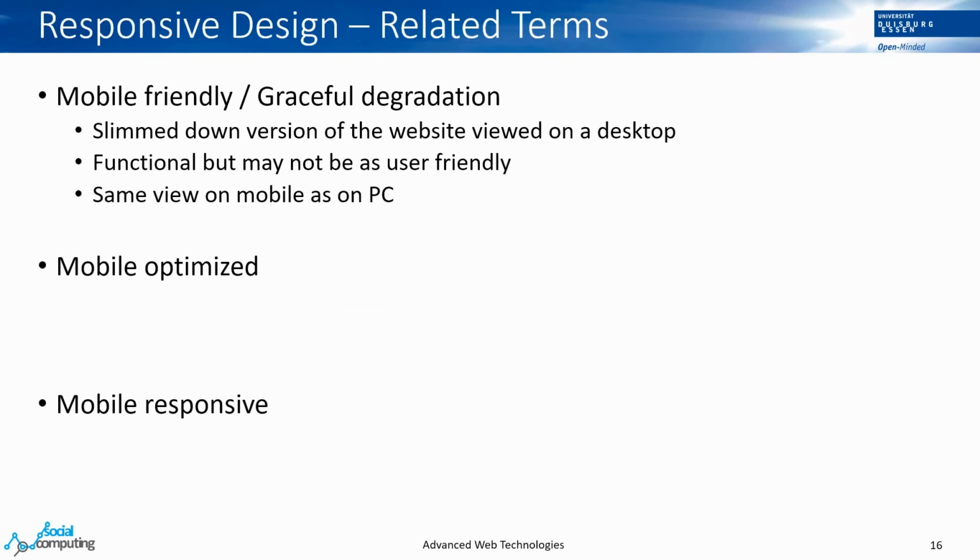So functionality will be there, but it might not be very user friendly. You will see exactly the same view on the PC and the mobile, but the size would be smaller. So this was the first concept that was introduced when mobiles were getting very popular. After that, there was a concept which is mobile optimized.